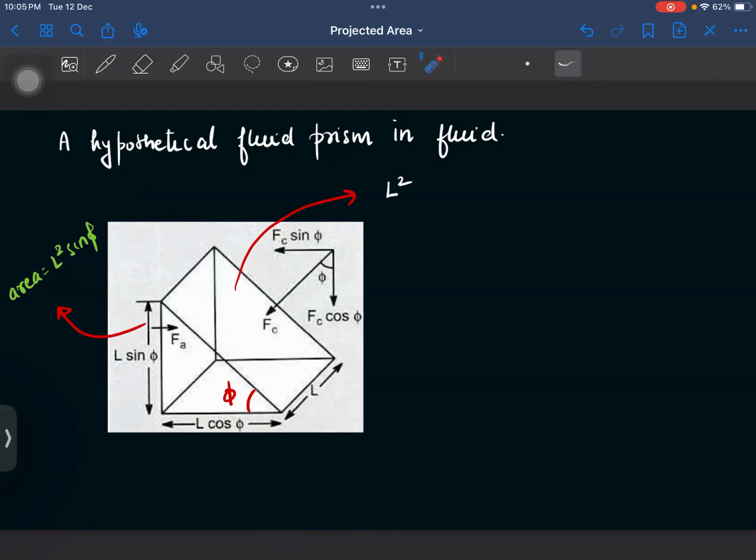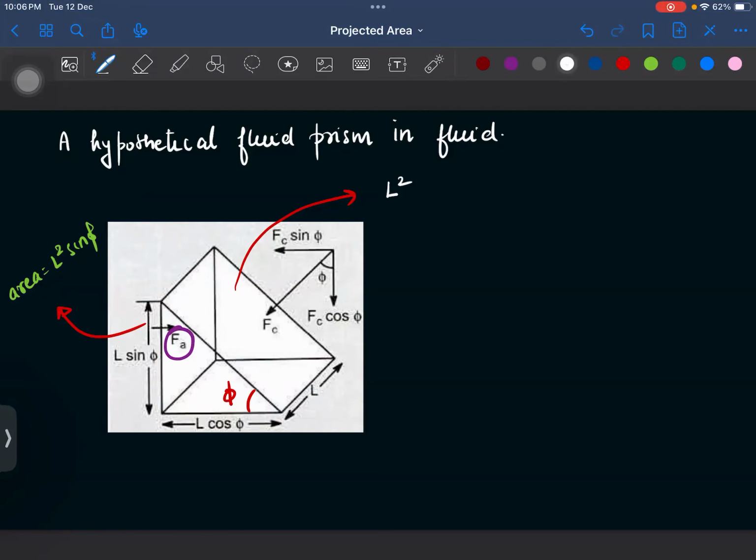Now, because this particular prism of the fluid is in equilibrium, the net horizontal force on this fluid prism should be 0. Now, what will be the force on this particular surface? This is like a vertical wall again. So we can find out the force on this wall, which is Fa.